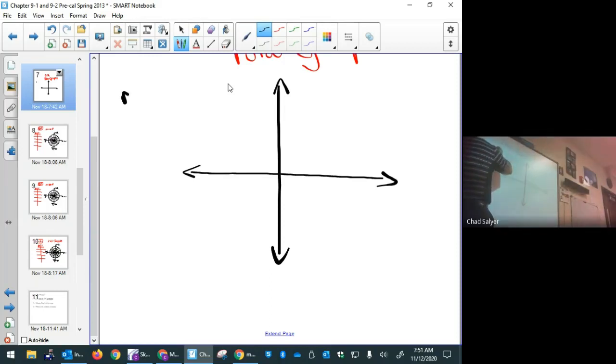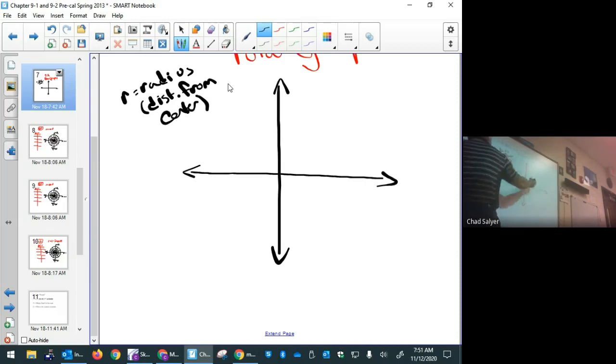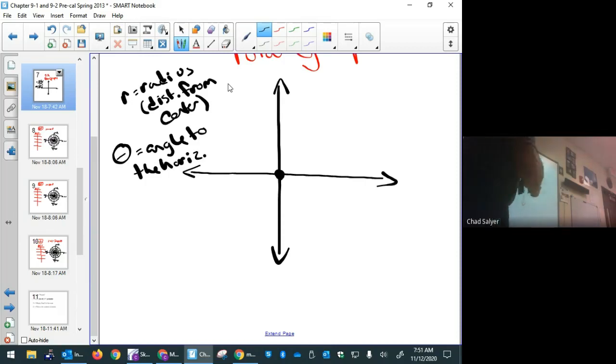So r equals the radius or the distance from center, where the origin, of course, is the center. And theta is the angle to the horizontal. So you're going to have successively larger concentric circles.